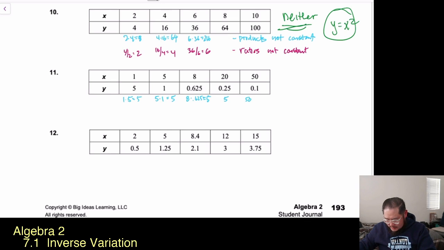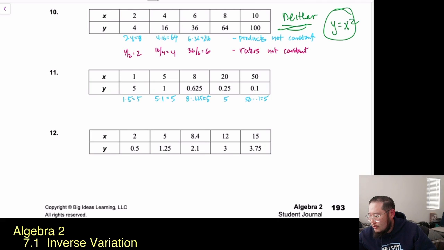So what I can see right here is that when I multiply the two, and remember, from our notes earlier on, if the products are constant, which they are, then we have ourselves inverse variation.